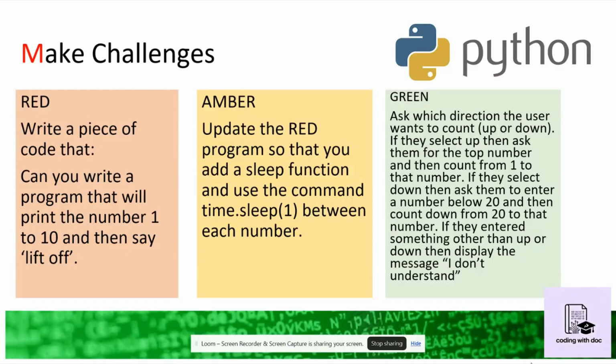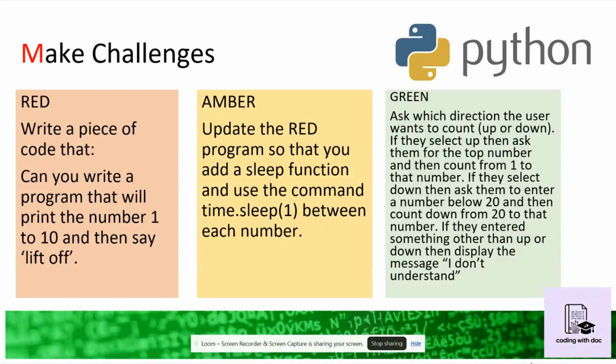Alternatively, if they say down, it does the opposite. It starts at the number they specify, say 20, and then it goes 20, 19, 18, 17, 16, 15, 14, 13, and down to it. But then, crucially, can you also give a third option, which if they don't say up or down, says I don't understand, and doesn't stop the program, keeps the program going round.